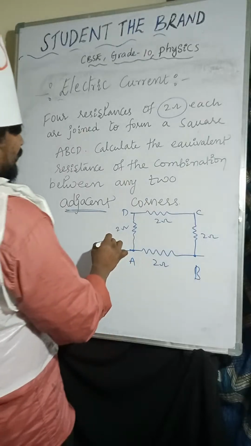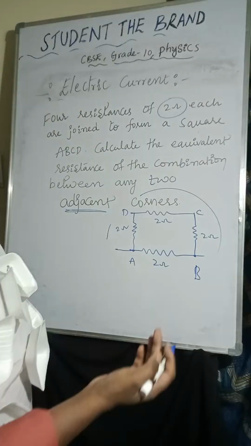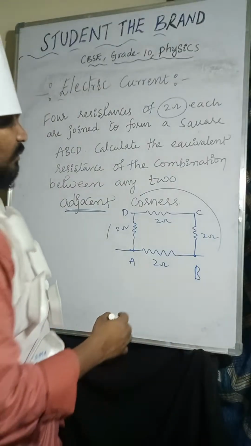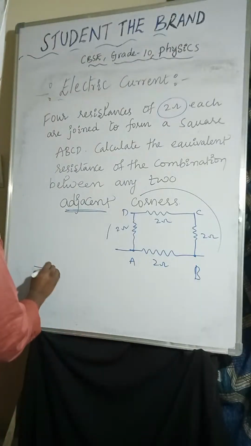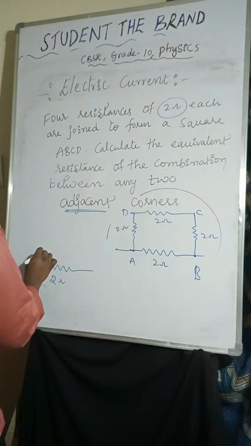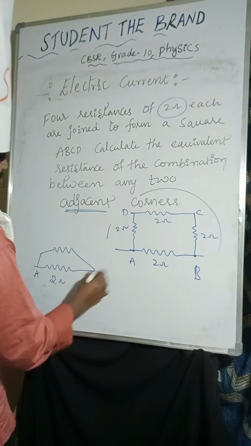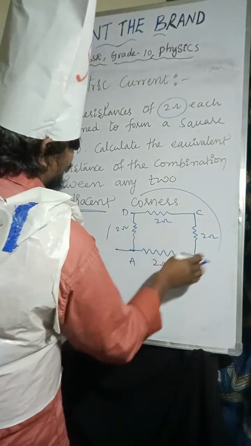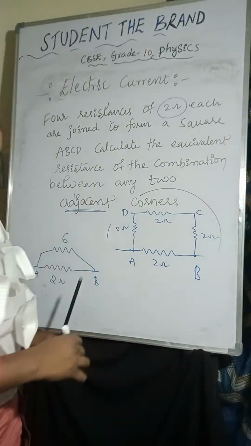These three are in which combination? Series combination, which means you have to add all. So 2 plus 2 is 4, 4 plus 2 is 6. These two are in parallel combination.